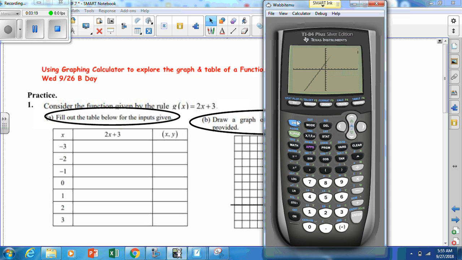Okay, and I want to start my table when x is 0. Okay, so let's go to the table. Okay, so when x is 0, y is 3. Aha. And when y is 0, x is negative 0.5.